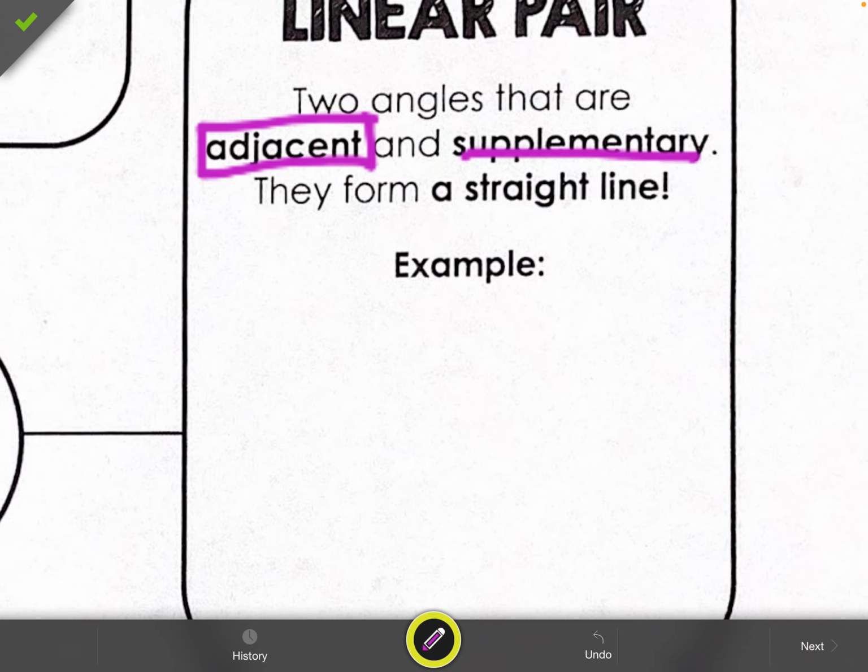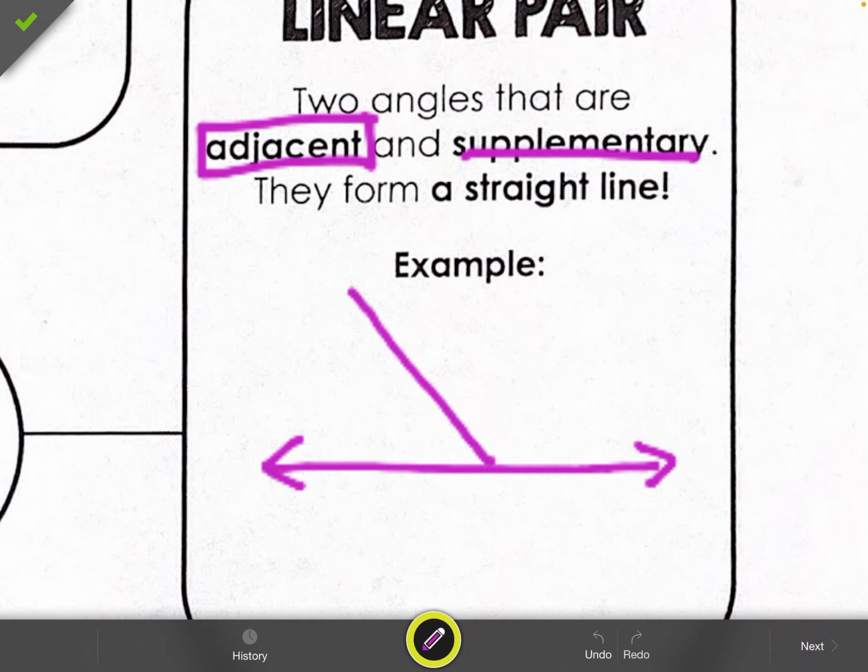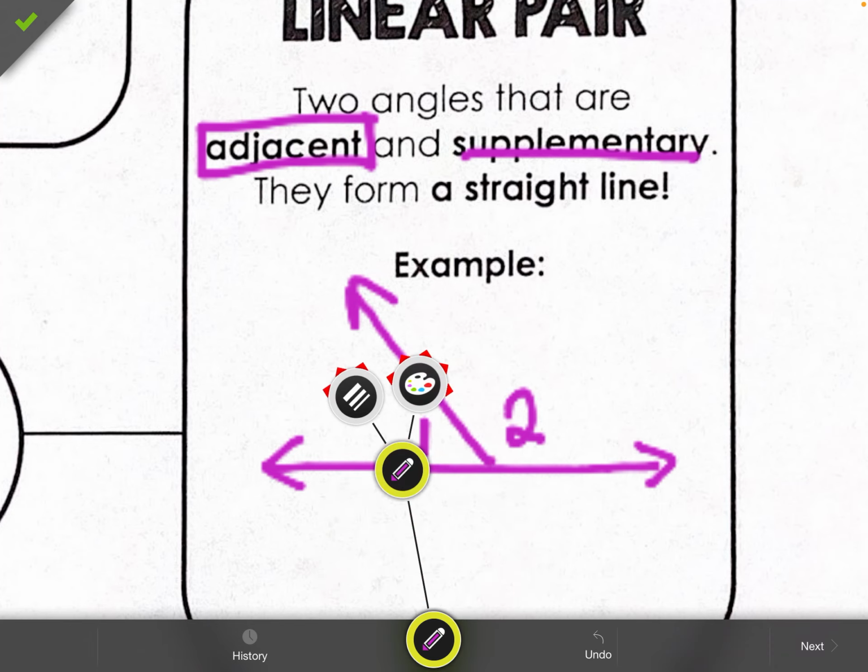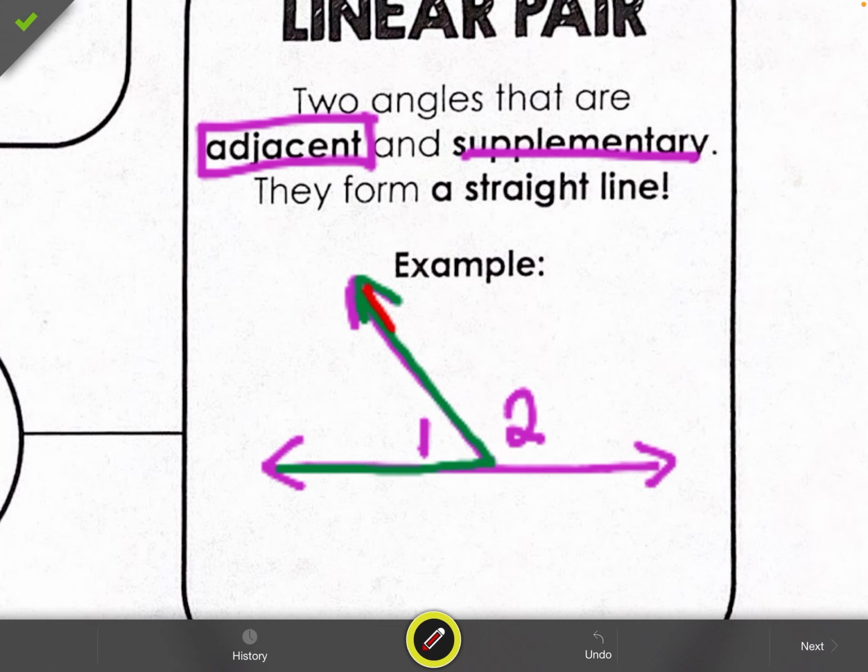Okay, so again, what that would look like is that first picture we drew for supplementary. Let's make the line go the other way, just so you can see the line will change position. And so this angle right here, which we would call angle 1, and this angle right here, when I look at them, I go, okay, angle 1 is adjacent or next to angle 2.